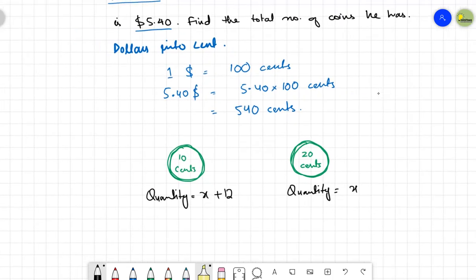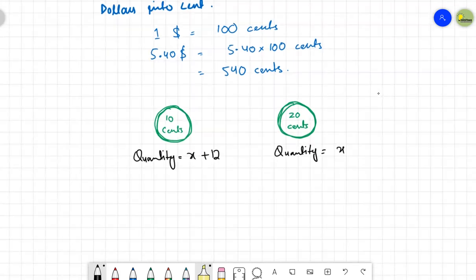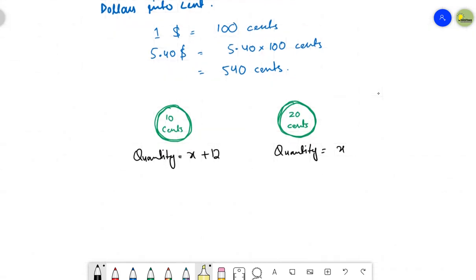Now that I have the quantities, I need the total cost in cents. Let's do it individually for 10 cents and 20 cents.